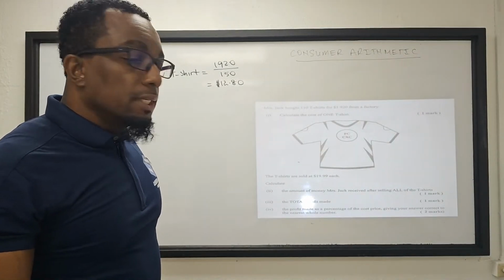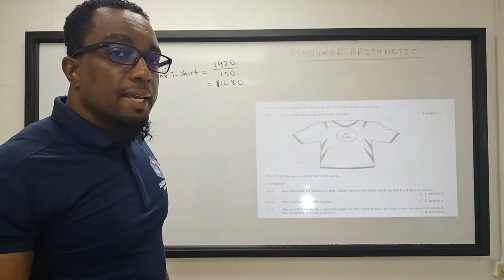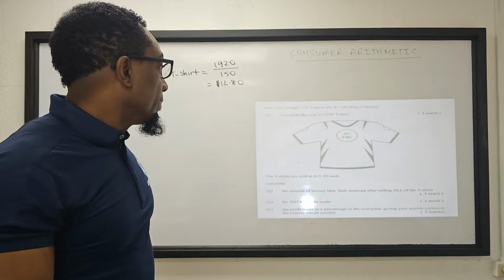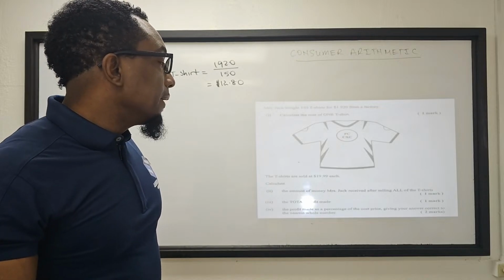The t-shirts are sold at $19.99 each. Calculate the amount of money Mrs. Jack received after selling all of the t-shirts.